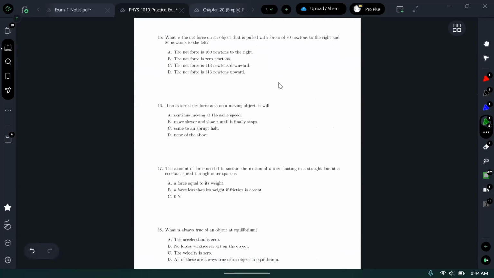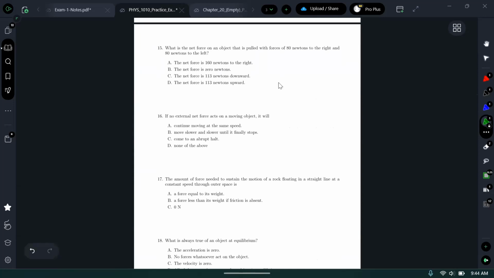If no external net force acts on a moving object, what will it do? So what does this tell us about the object?